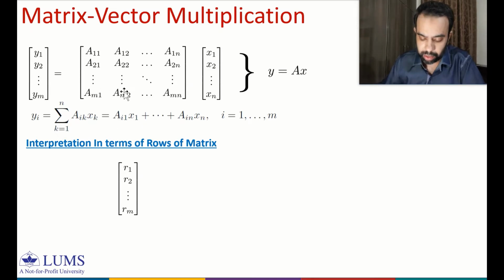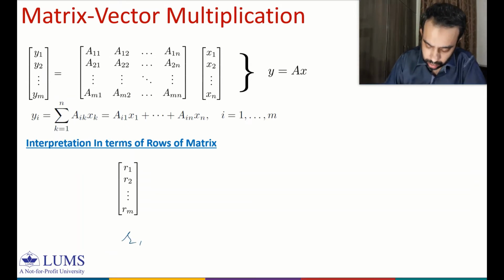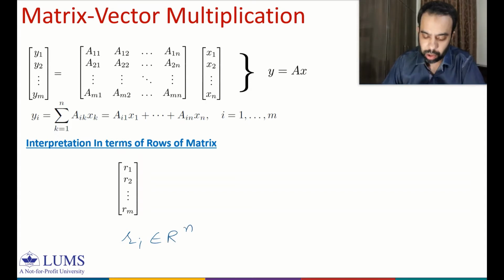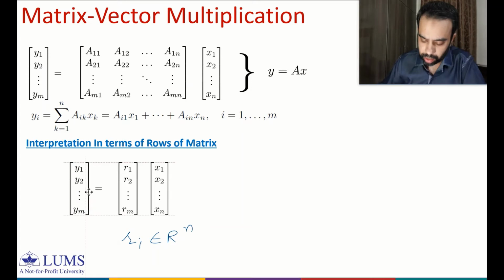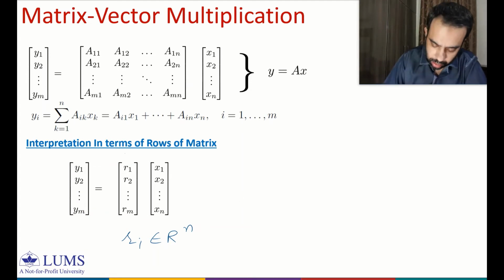So this matrix has m number of rows, where each Ri belongs to Rn, because the number of columns of A is n. And when we multiply this with vector x, what we obtain is y. So y is equal to Ax. So this is A represented in terms of rows of A, x, and this is y.